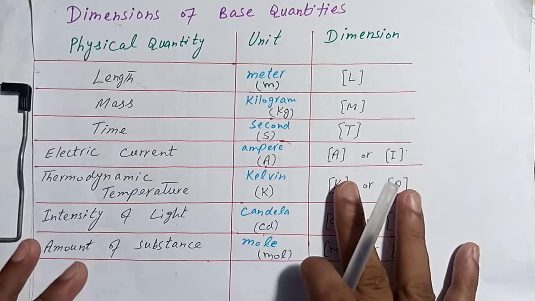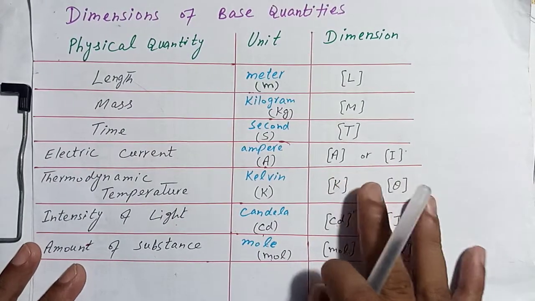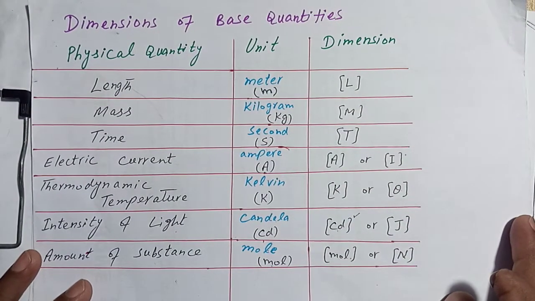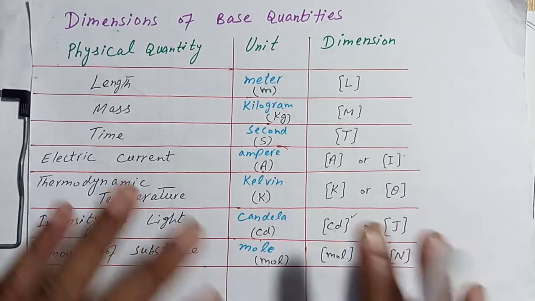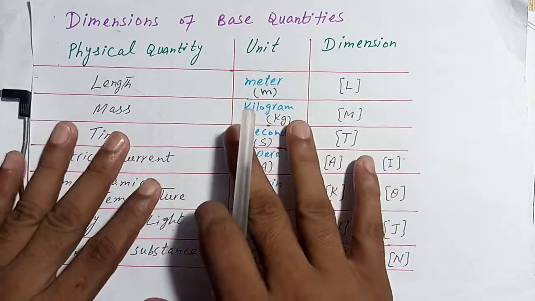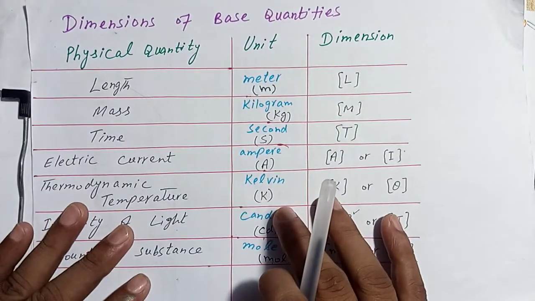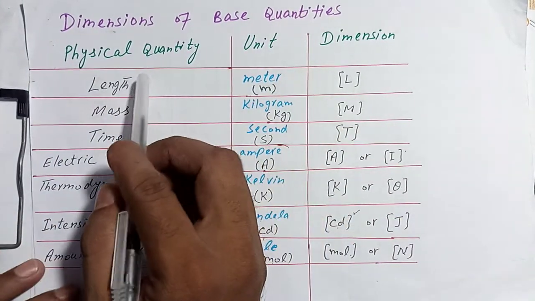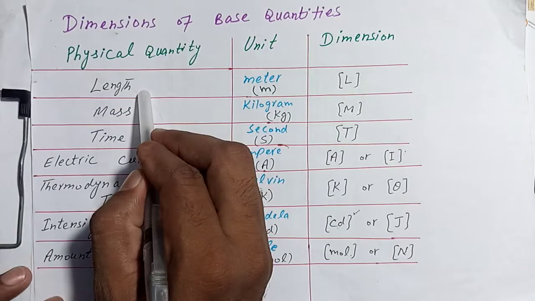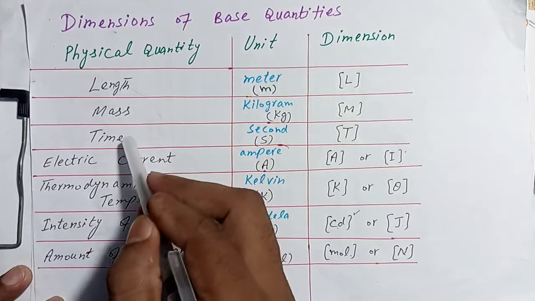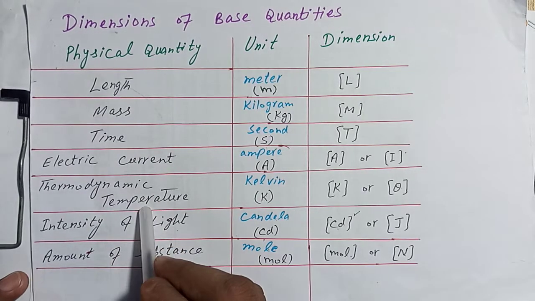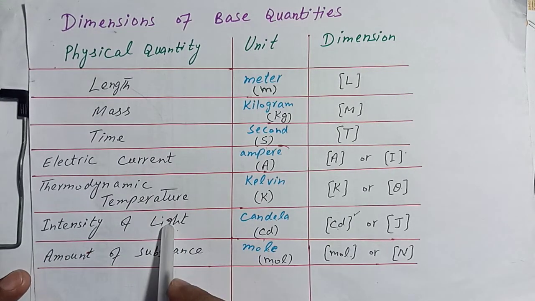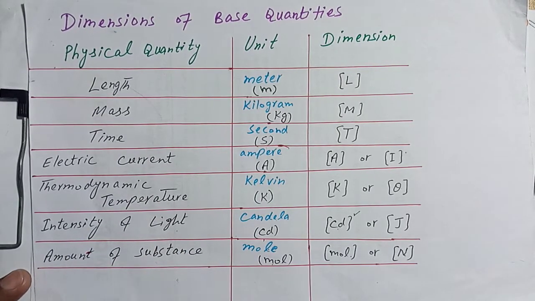As we know that in physics there are 7 base quantities and all other quantities are the combination of these 7 base quantities. The base quantities are named as length, mass, time, electric current, thermodynamic temperature, intensity of light, and amount of substance.